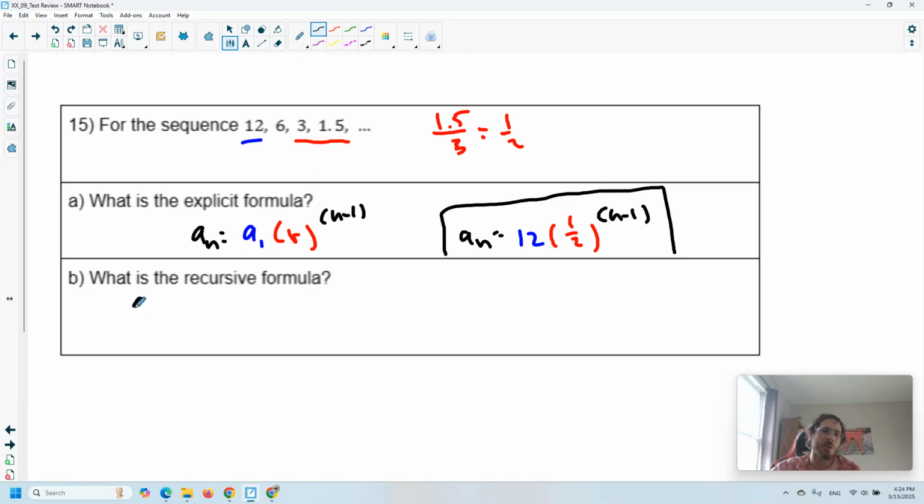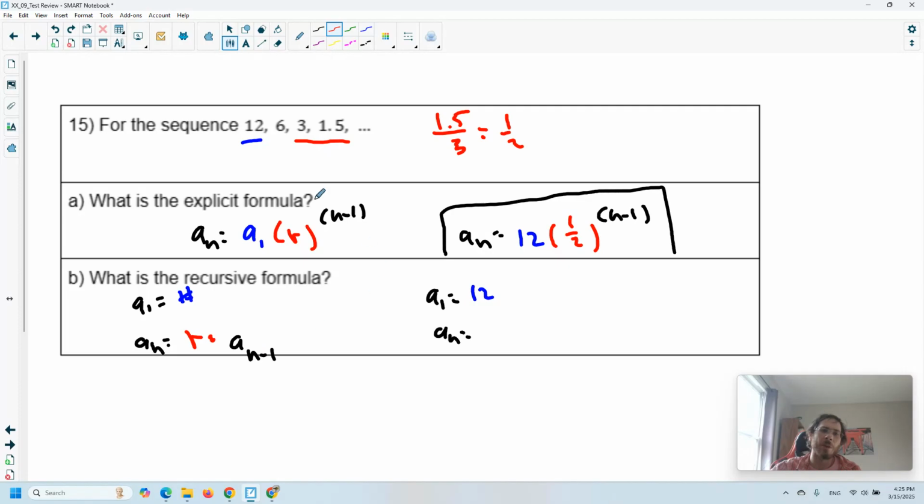Then we need to get the recursive formula. There, we have A1 equals some number, so we have to figure out what we're starting at. And our formula is a sub n is equal to r times a sub n minus 1. Because we're just going to multiply by whatever we had last. So in this case, our final answer is always two equations. Our number that we're picking for A1 at first is going to be 12.